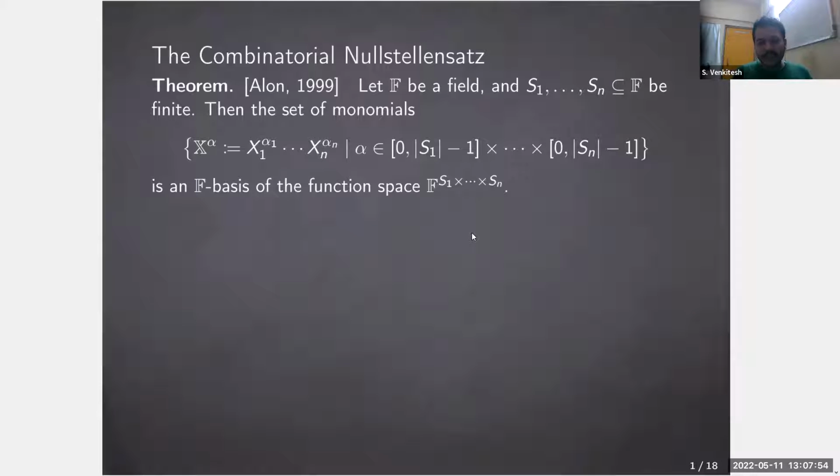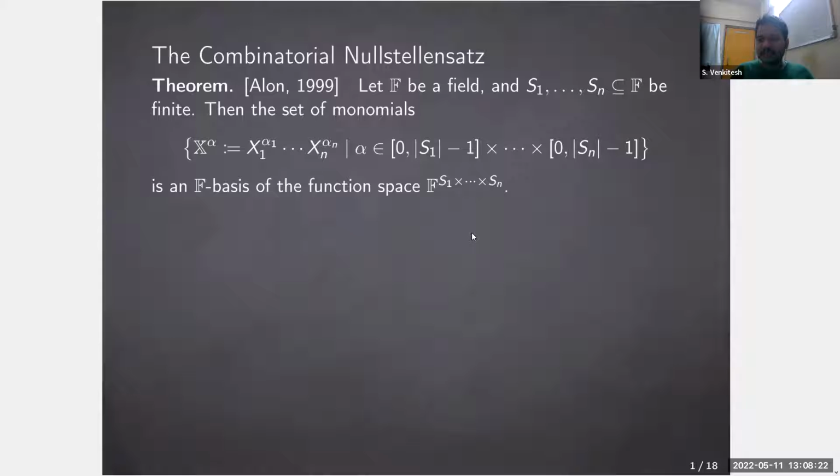The other form says, if there is a formal polynomial that's a linear combination of monomials where the degree of each xi is strictly less than size of Si, where each alpha i is at most size of Si minus 1, and if this is a non-zero polynomial, then there is at least one point in the grid S1 cross Sn where the polynomial takes a non-zero value.